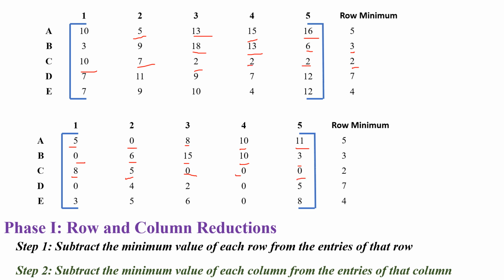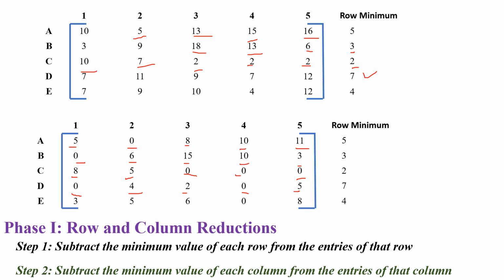Next we look at the fourth row. In the fourth row, minimum value is 7. Then subtract this minimum value 7 from the fourth row entries, that is 7 minus 7 is 0, 11 minus 7 is 4, 9 minus 7 is 2, 7 minus 7 is 0, 12 minus 7 is 5.